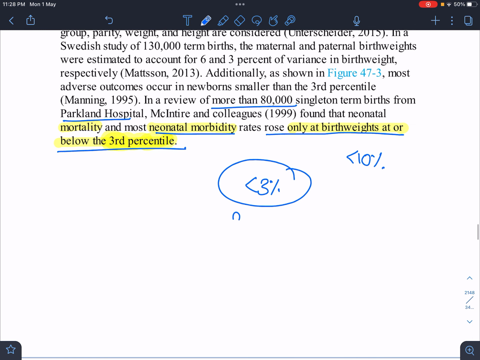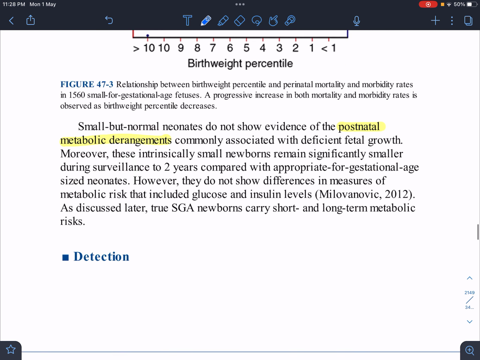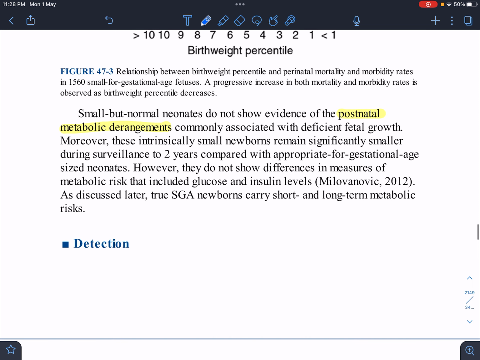And if it's associated with Doppler abnormalities, it becomes all the more alarming. Okay, now although FGR babies post-delivery as neonates can show metabolic derangements, small but normal neonates do not show evidence of postnatal metabolic derangement. Okay, so this you have to remember.